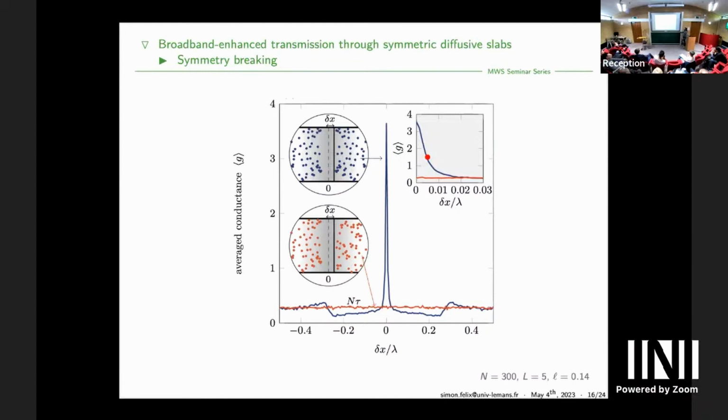There is no difference between non-symmetric and symmetric because we have completely broken the symmetry of the system. So this is still not explained, and we try to go further on this, but for the moment there is no answer to this effect, but quarter wavelength suggests that there are some strong coherent effects.